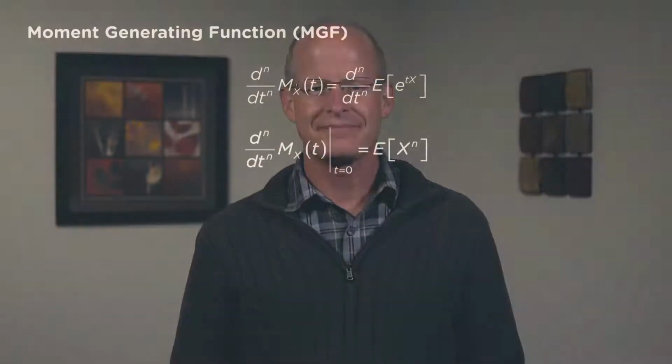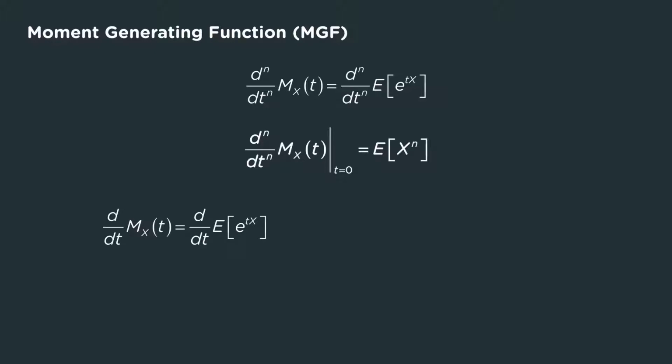This seems like magic. Why does this work? Observe differentiating an MGF is differentiating an expected value. Since the derivative is with respect to t, the only term to differentiate is e to the t times x. Its first derivative is x times e to the t times x.